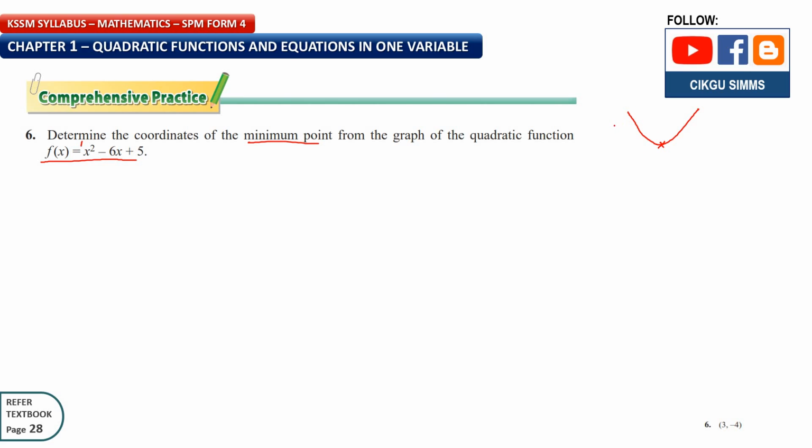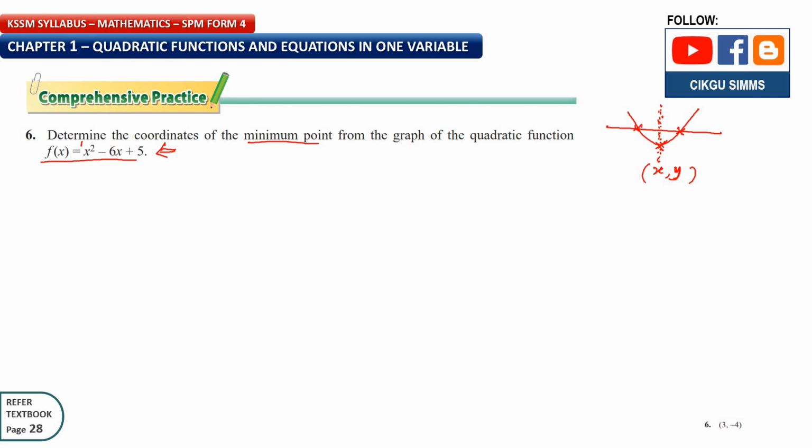If you find the two roots, you can find the average point, the middle point. You will find the x value of the minimum point. After you find the x value, you can put it back into this equation to get the y value, so you can get the coordinate. That's the strategy to solve this question.